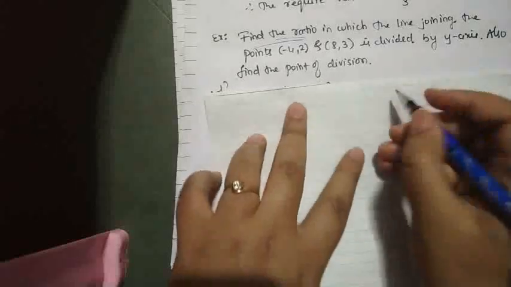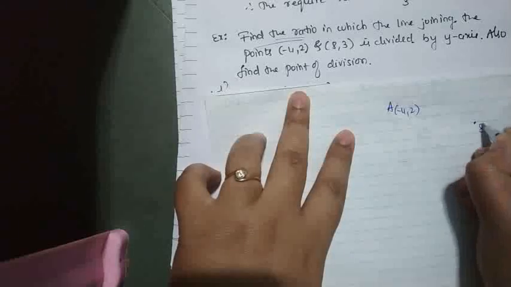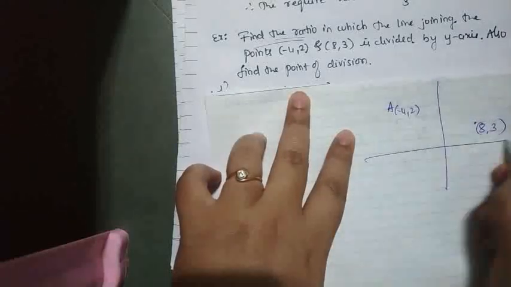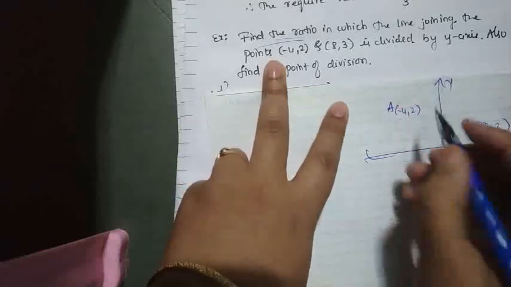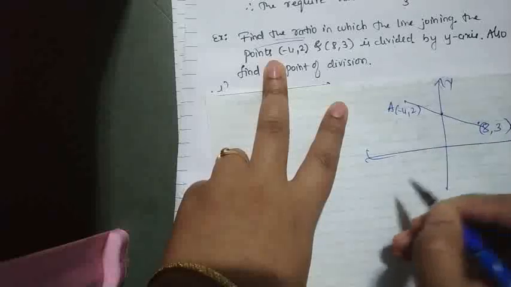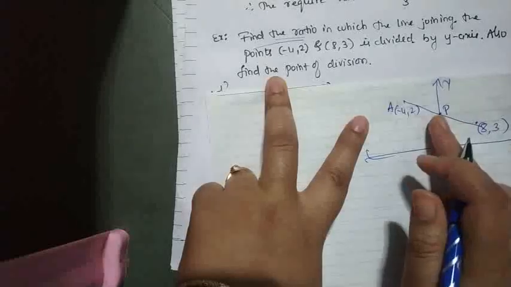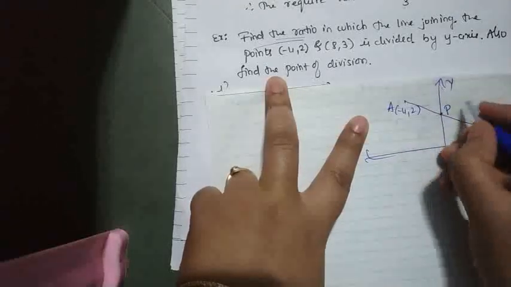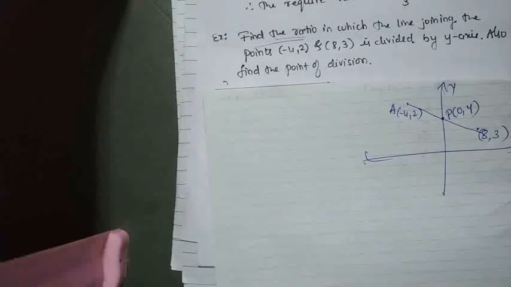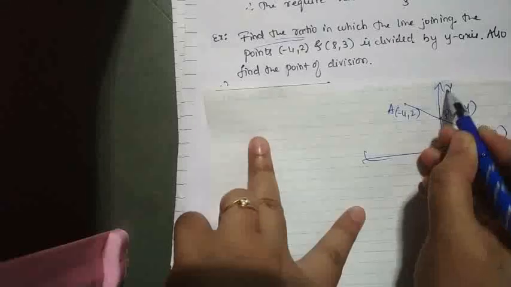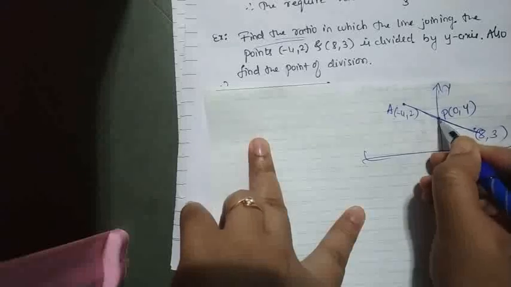So the line joining two points, A is (-4, 2) and B is (8, 3), is divided by the y-axis. Let that point of division be P. And we know that the coordinates of any point on the y-axis are of the form (0, y). So here, let AB cut the y-axis at P.